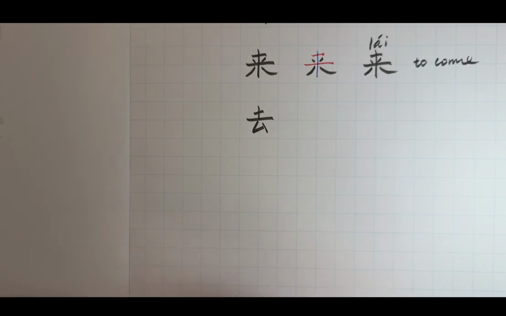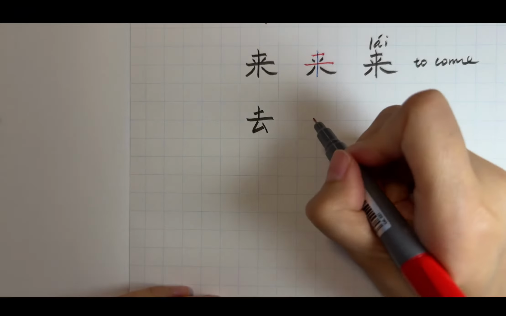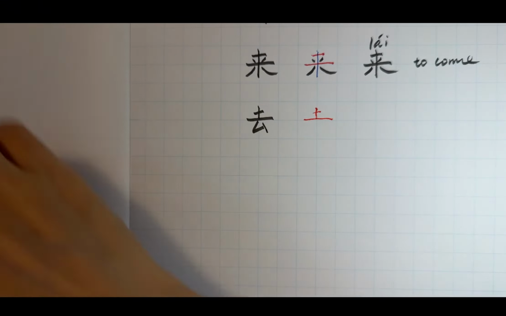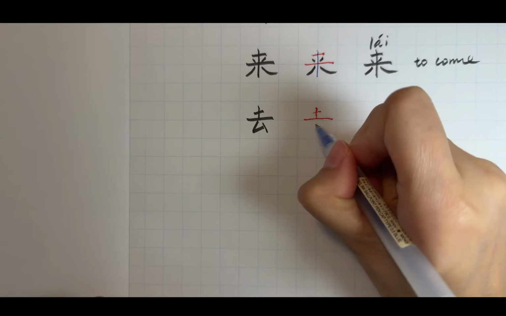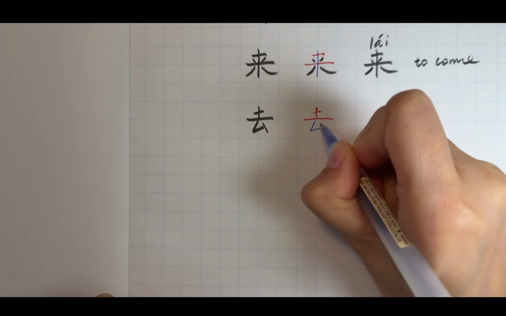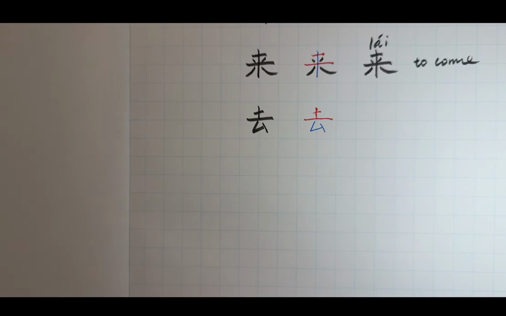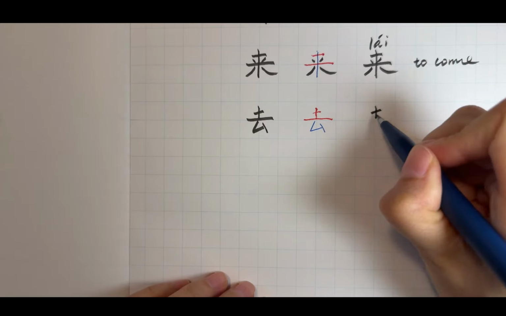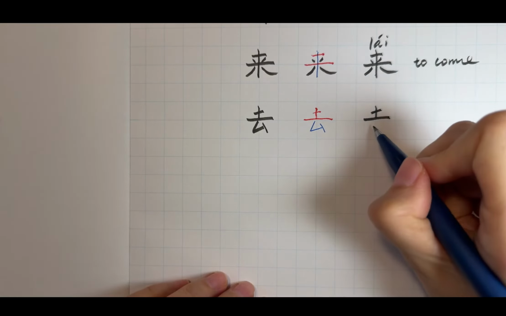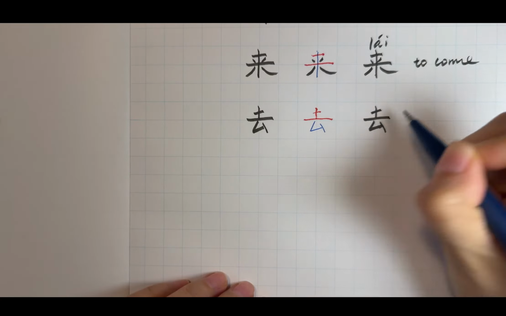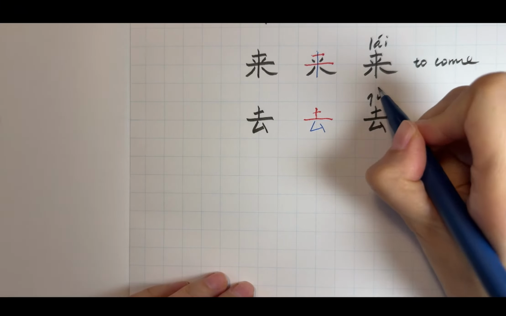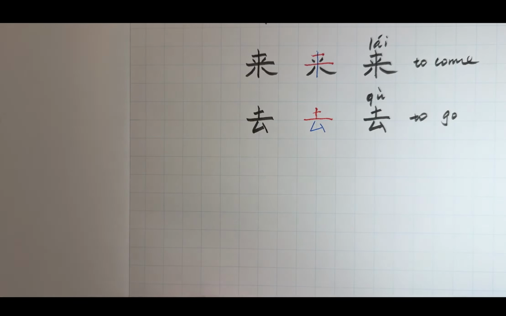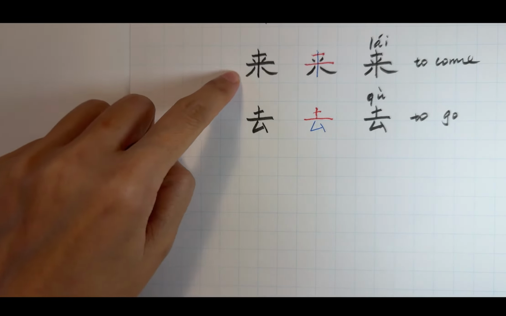So if I break them down, I write a 土 on top and I write this 折 or 点 at the bottom. Always break them down into something that you have written before, so you will find the process is getting easier and easier. 去 is to go. 去 so we have 来 and 去.